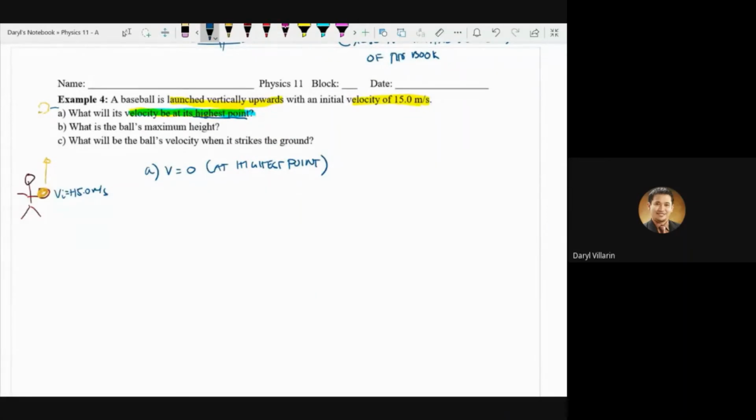Its motion is just up and then it goes back down. So at the highest point, its v is 0. It will stop first before it moves back down.